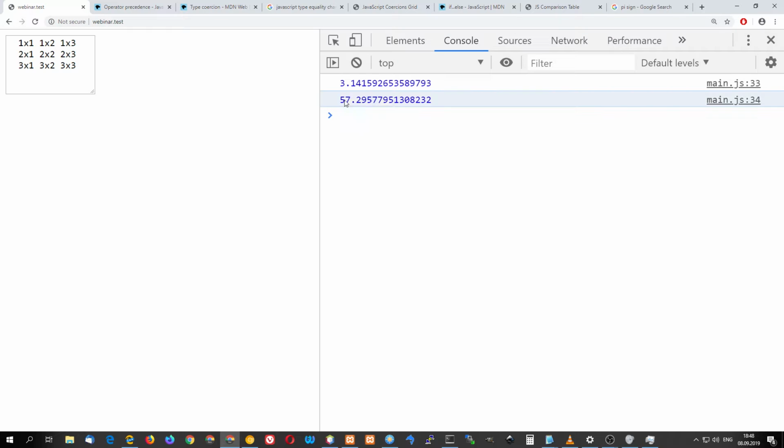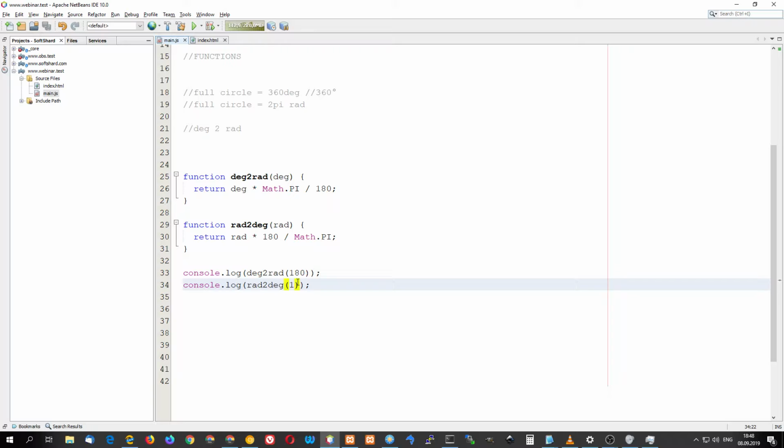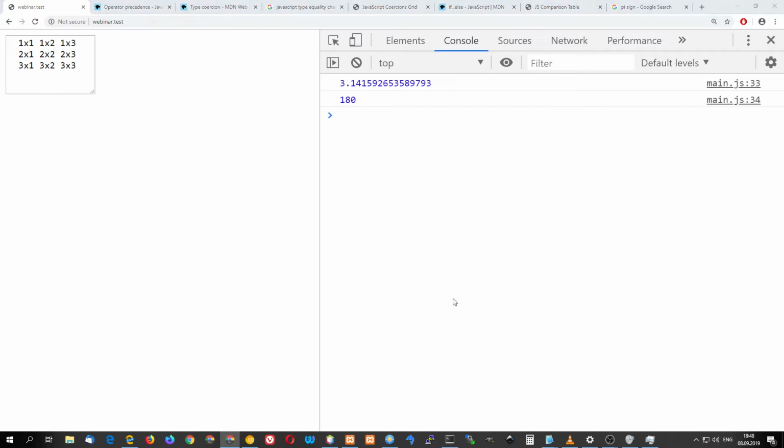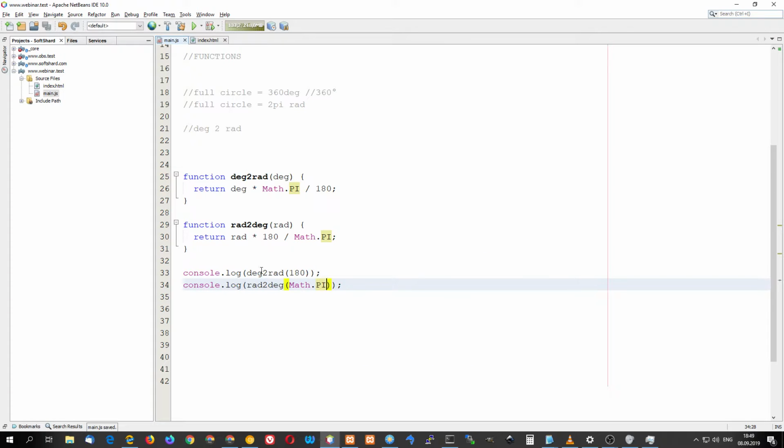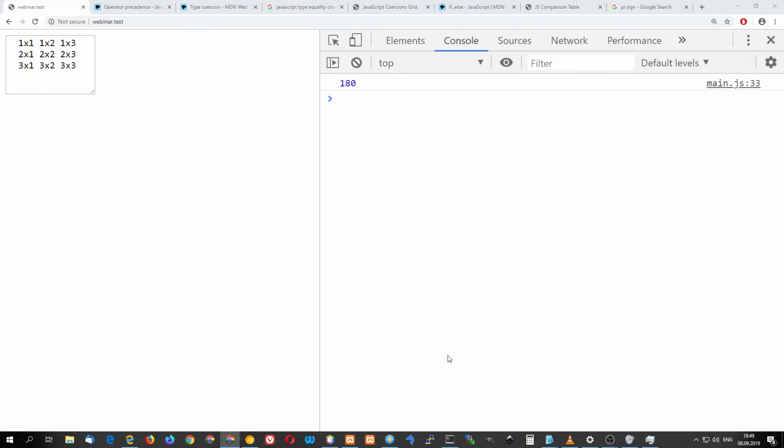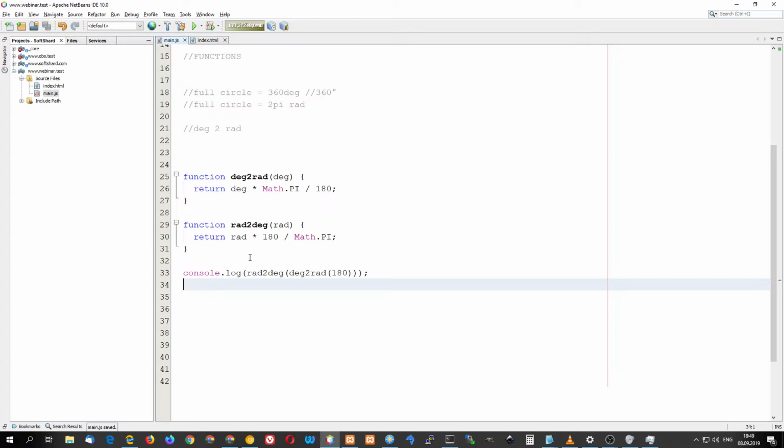So 1 radian is 57.3 degrees. Math.PI radians is 180 degrees.